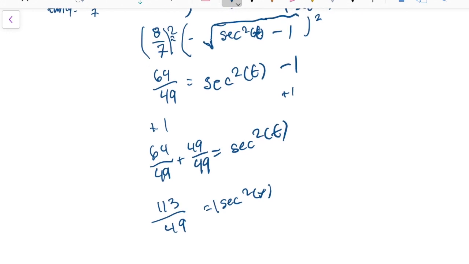So we have to take the square root, and we get square root of 113 over 7.